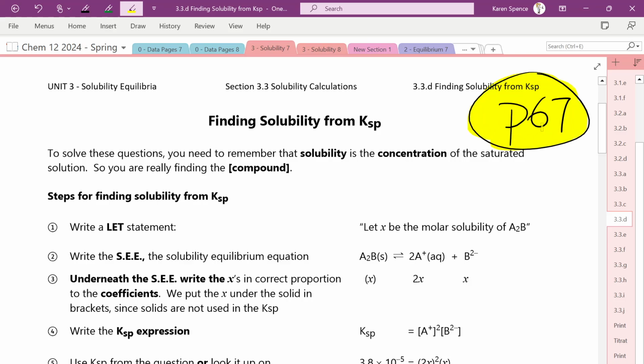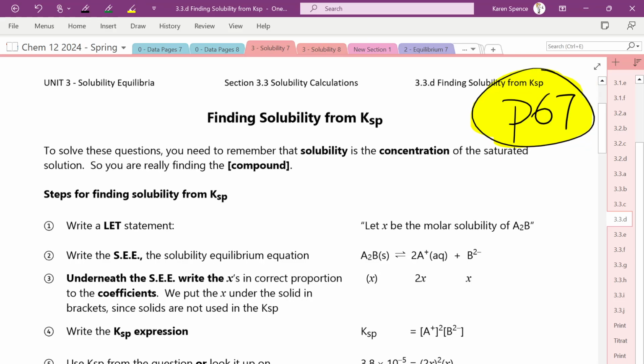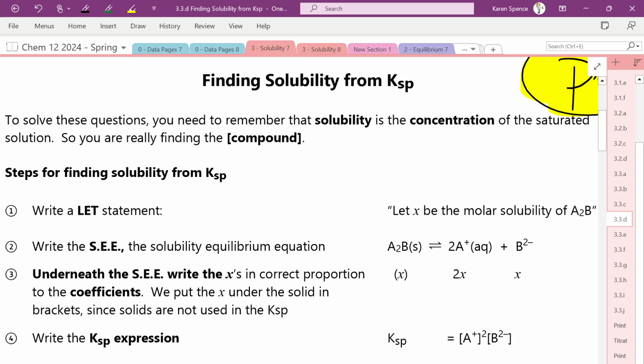So this one is almost identical to the first one we did yesterday. In this case, you will be given Ksp and you will find solubility. In the other example, we were given solubility and we found Ksp. The only thing that is new is that you need to make a let statement, because the solubility is your unknown.